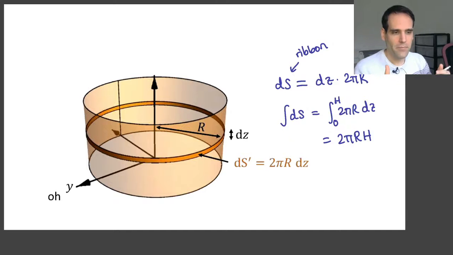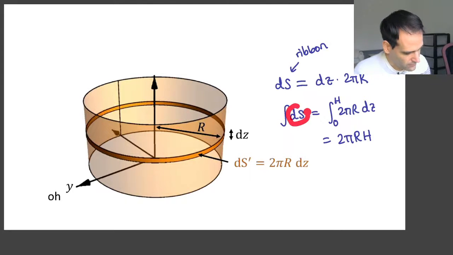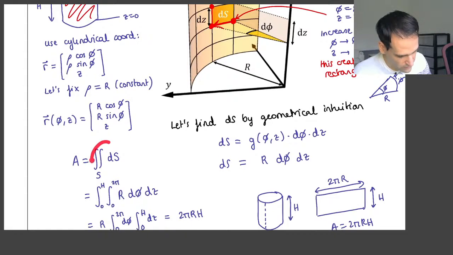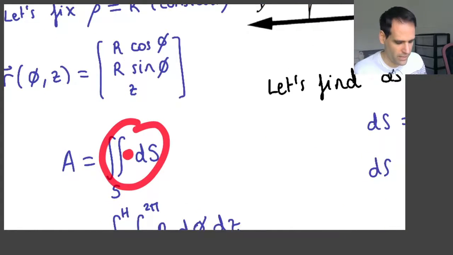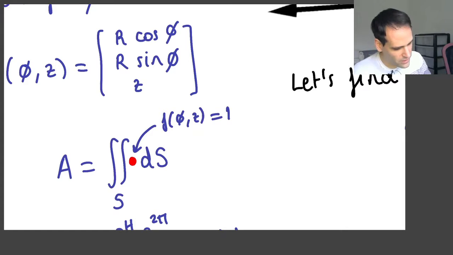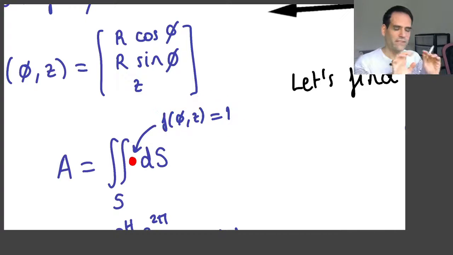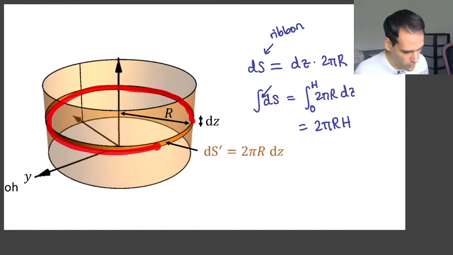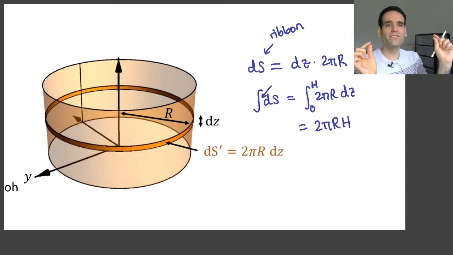This is especially possible because we are integrating ds. If we were integrating some function inside of the integral, so if here in the double integral, instead of having an implicit 1 here, we had some function that depended on phi and z. In this case, the function was 1. But if this function depended on phi and z, and in particular if it depended on phi, we would not be able to use this trick to integrate because throughout this tiny ribbon, the function would be changing.